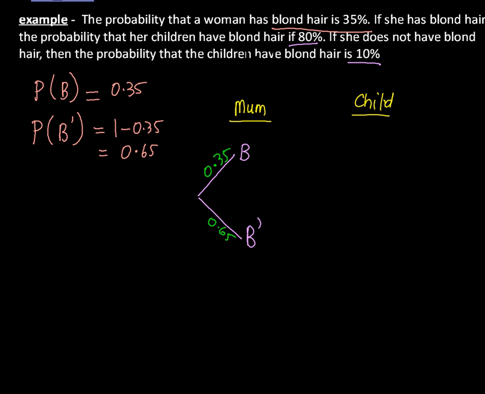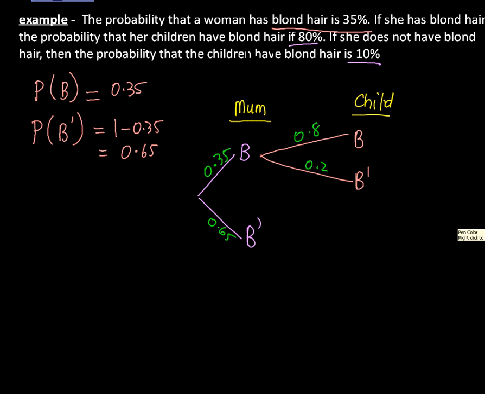If the mother has blonde hair, then her child can either be blonde or not blonde. The chance that she is blonde, if the mum was blonde, is 80%, so we can put 0.8 there. But obviously if there's 80% chance she's blonde, there's 20% chance she's not blonde.